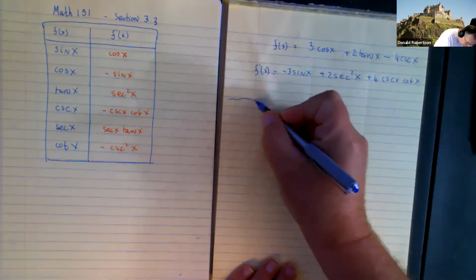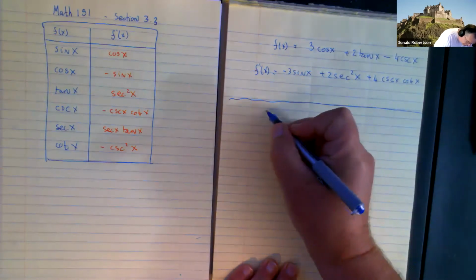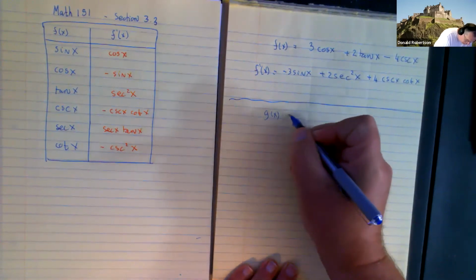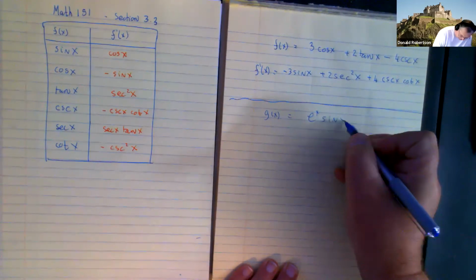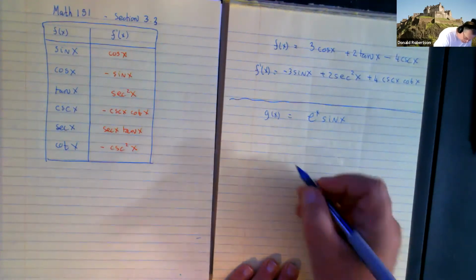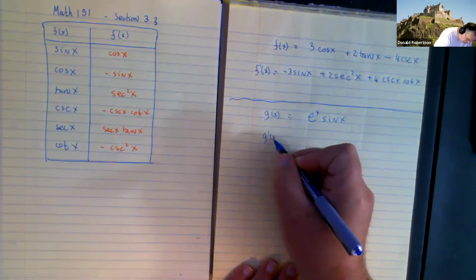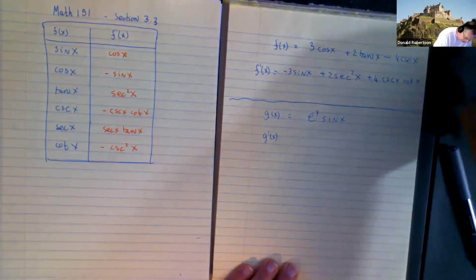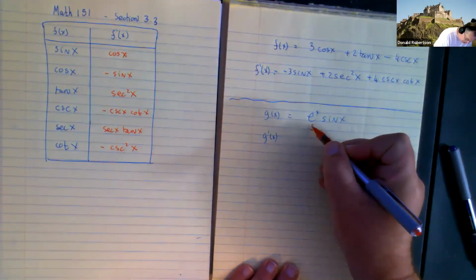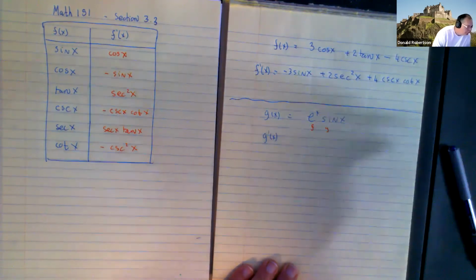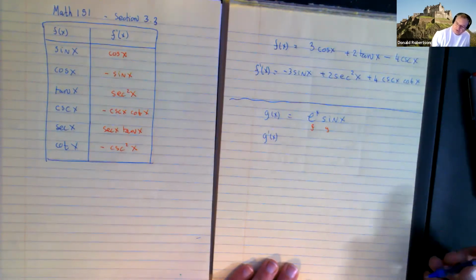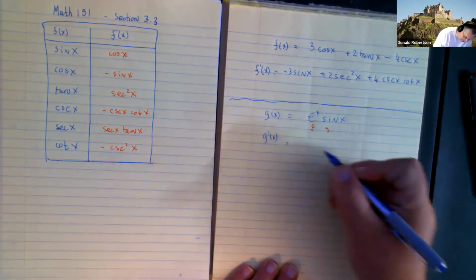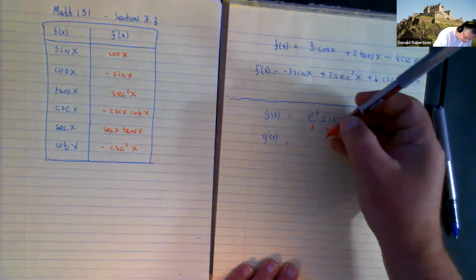Now, you could have a function like e to the x sine x. Now, if you had this function to differentiate, I hope you would say, product rule. Seems pretty obvious. So the rules apply that 2 things multiply together.